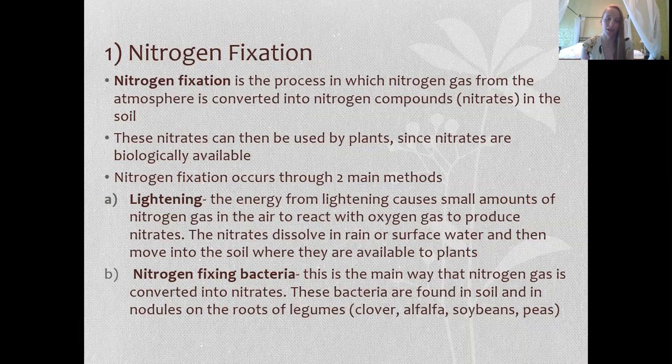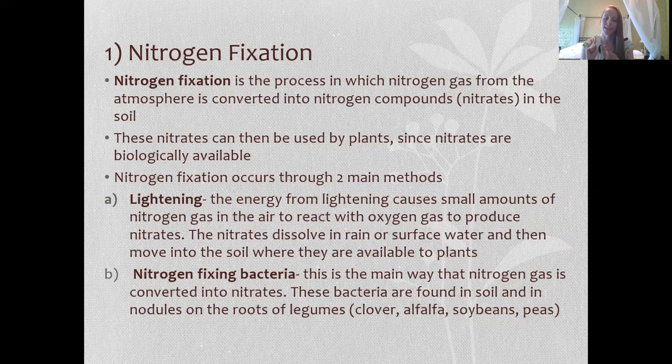This is actually the main way that nitrogen gas gets converted into nitrates. Essentially, these are bacteria that are found in the soil and little nodules in the roots of legumes. And these bacteria are able to convert nitrogen gas into nitrates directly.